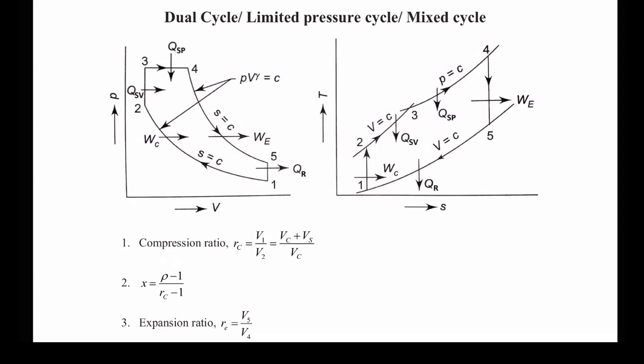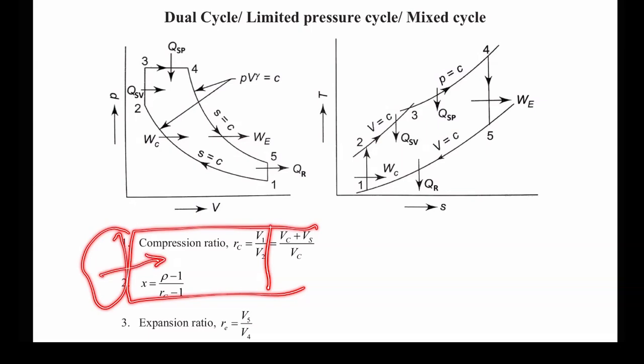So what is the assumption here? The assumption is that during the heat addition process, there is no combustion. We are using an external source. Like if there is a piston cylinder arrangement, we will be adding a source, and the source will be transferring heat at constant volume and constant pressure. In the same way, for heat rejection, we will be applying a sink so that the system can transfer heat to the sink.